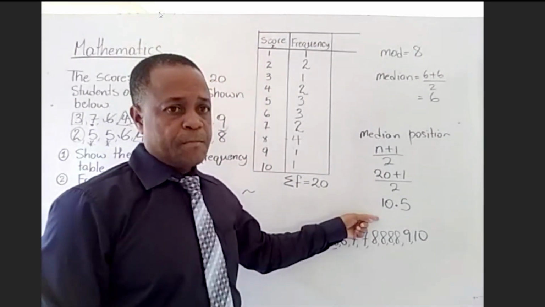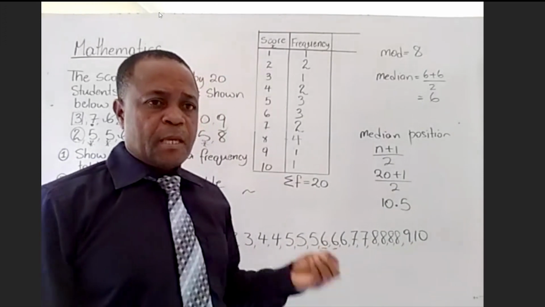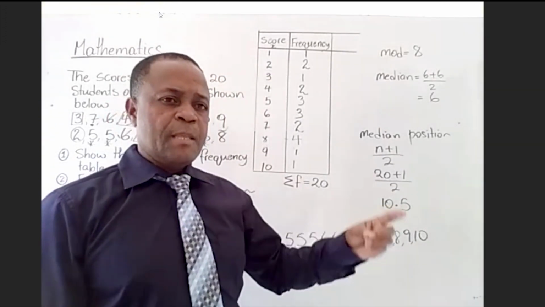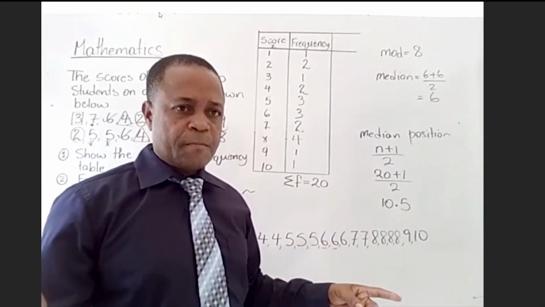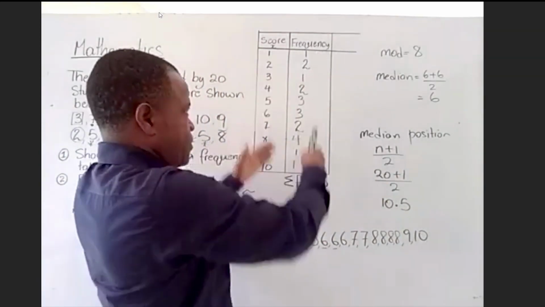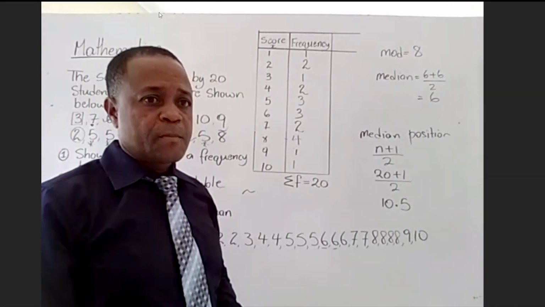We would have done this just the same. Getting the 10.5, as was mentioned before, indicates that the median will fall between the 10th and 11th position. But from the table, how do we go about finding those positions?